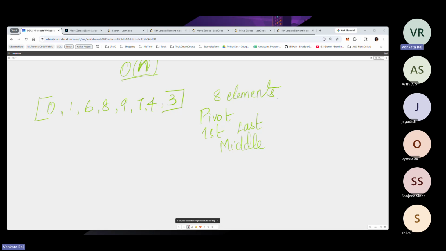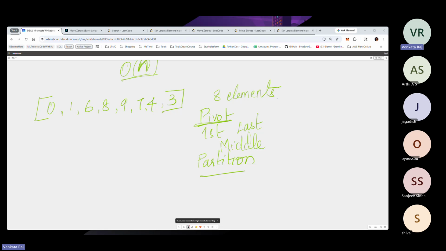So first we have to pick a pivot, then we have to do a partition. The partition is based on the pivot. As I said, you can take the first, the last or the middle.